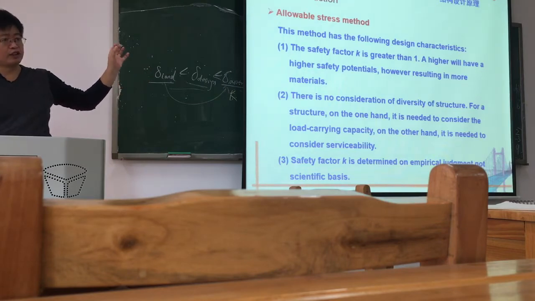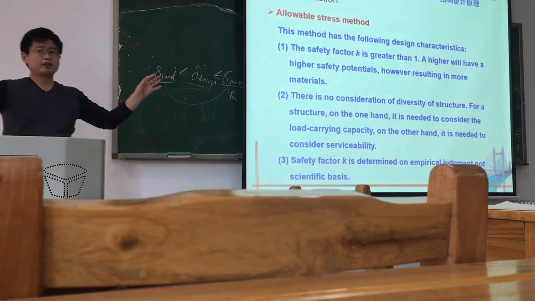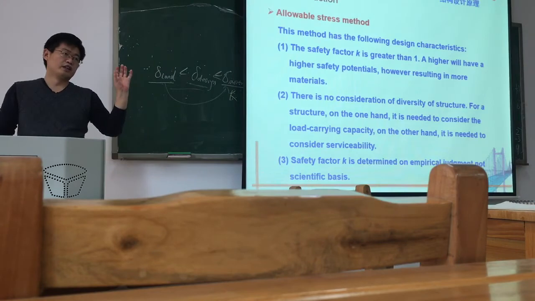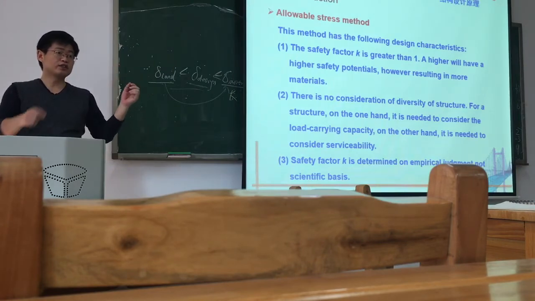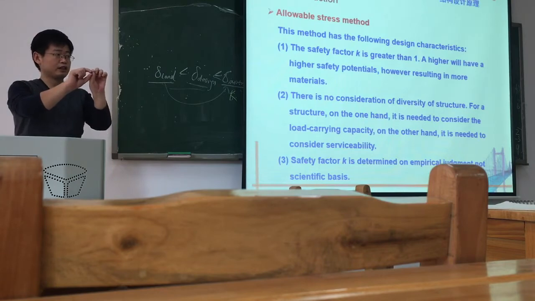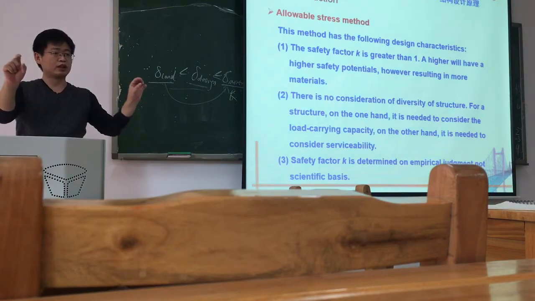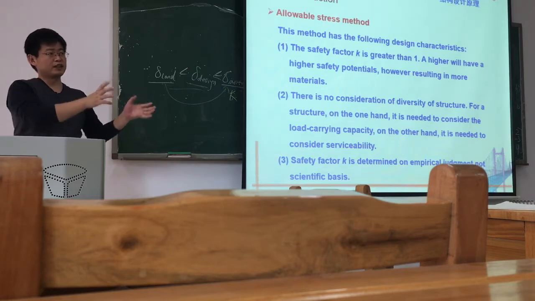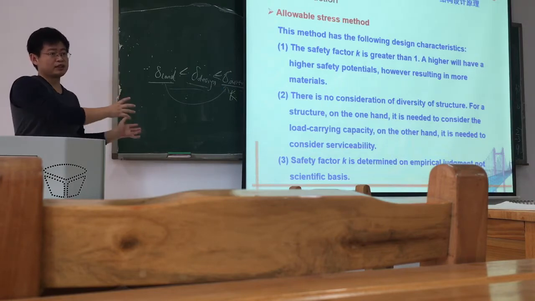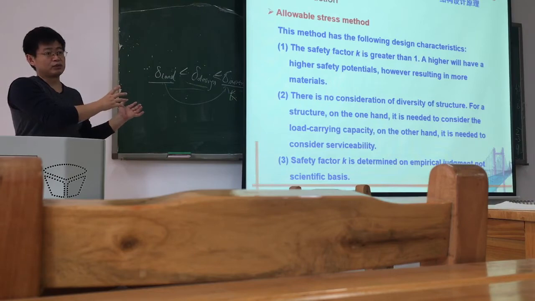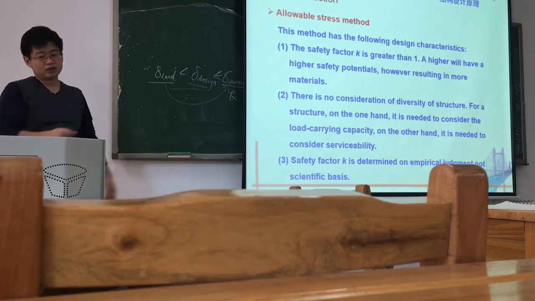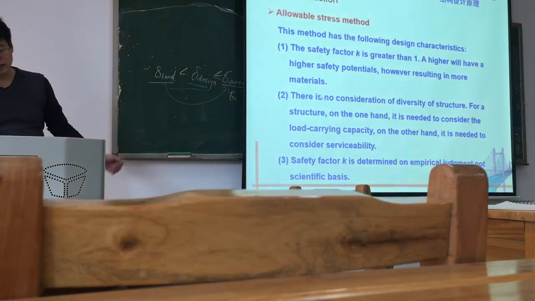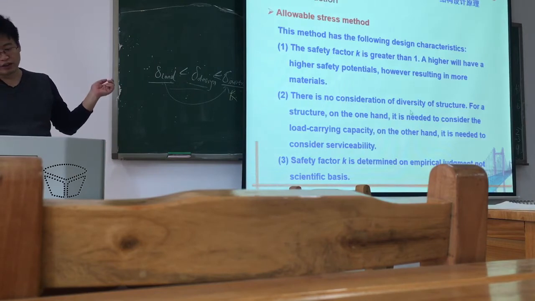It doesn't consider that in the structure, different positions have different load levels or stress levels. If you use the same checking level to design it, maybe some places are okay, but some places are too conservative. So in this method, there's no consideration of the diversity of structure.